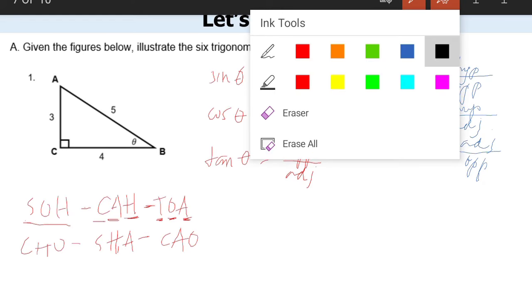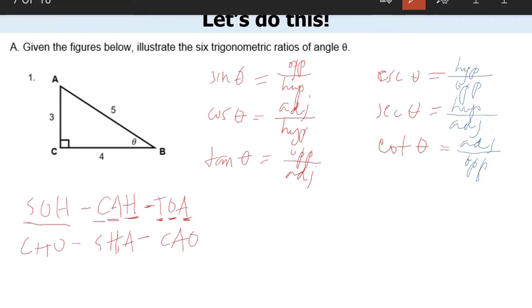Wait, I will change the color. Okay, so the values or the lengths of the sides are 3, 5, and then 4. The first thing that you have to do is to identify the reference angle. So what is the reference angle? You will see here the theta.